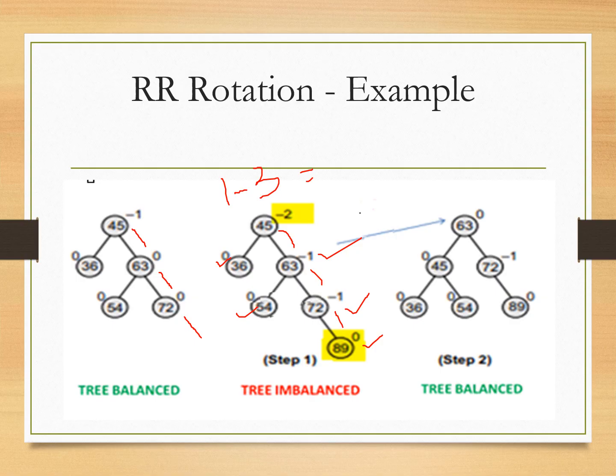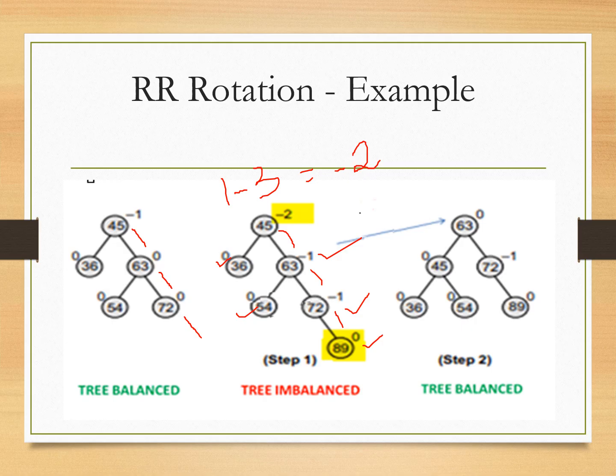So it is unbalanced, and to make it balanced, I have to rotate. Here the node is imbalanced with a value of minus 2. We need to focus only on 3 nodes for this rotation. I repeat, very important concept: rotation has to be performed only among 3 nodes.